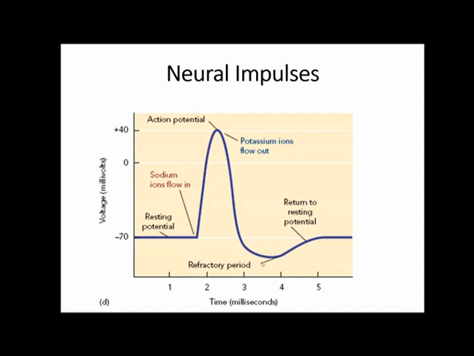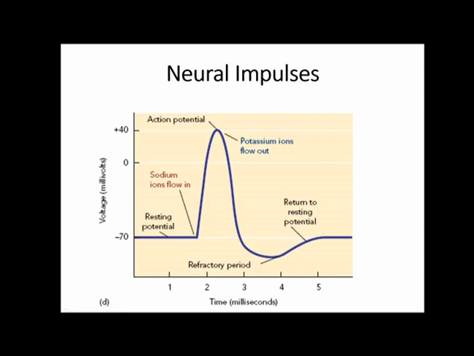So as it enters into this refractory period, we want to get back to our resting potential state, but we have sodium ions in when they were supposed to be out, and we have potassium ions out when they're supposed to be in. So during the refractory period, we put the ions back where they should be.